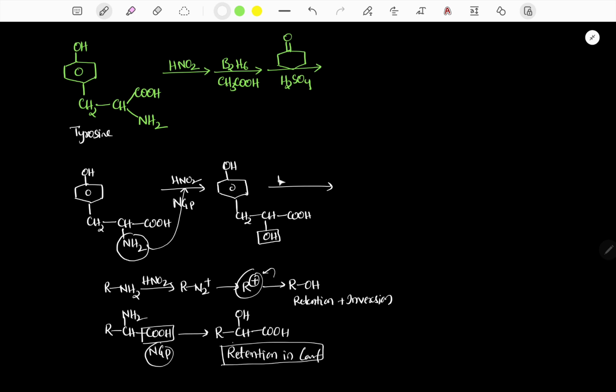Now it is treated with B2H6 and acetic acid. We know that B2H6 has very strong affinity towards carboxylic acid. Therefore, the carboxylic acid undergoes reduction and converts into a primary alcohol.